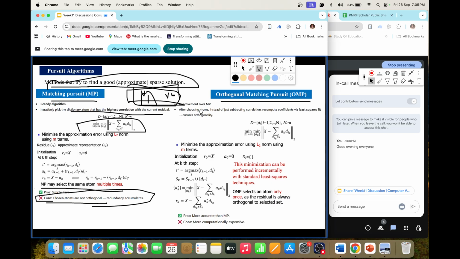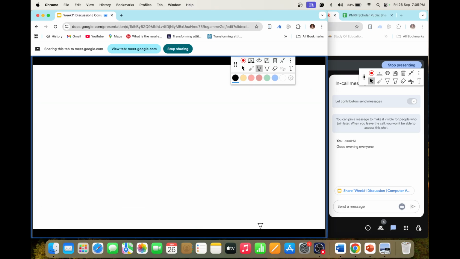After choosing atoms, instead of just subtracting the correlation, it recomputes the coefficients via a least squares fit, which ensures orthogonality. That is the speciality of orthogonal matching pursuit. Again, I am not going into the formula. The pro is that it is definitely more accurate, but as it does one more step, it is more computationally expensive.